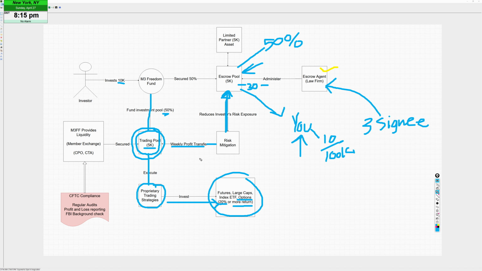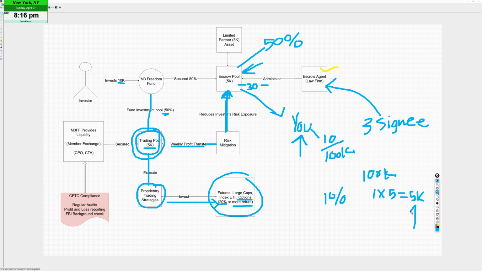Because if we deposit, for example, using the 1% rule, and let's say this pool has $100,000, 1% of that is about $1,000 a day. So in a week, 1% for 5 days is $5,000.